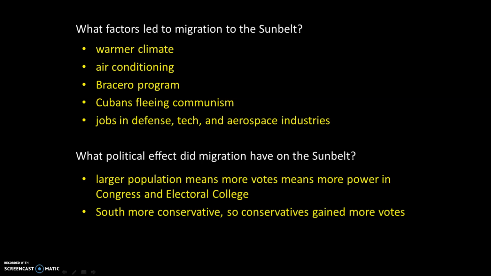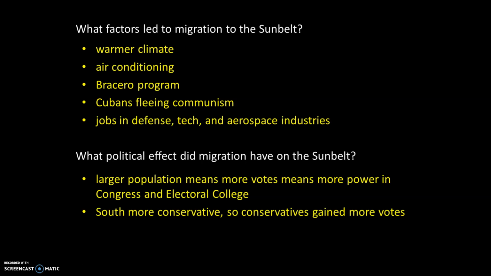Politically, what we see with the Sun Belt, larger population means more votes. More votes means more power in Congress and the Electoral College. So the Sun Belt states will grow to have a bigger impact on national politics.